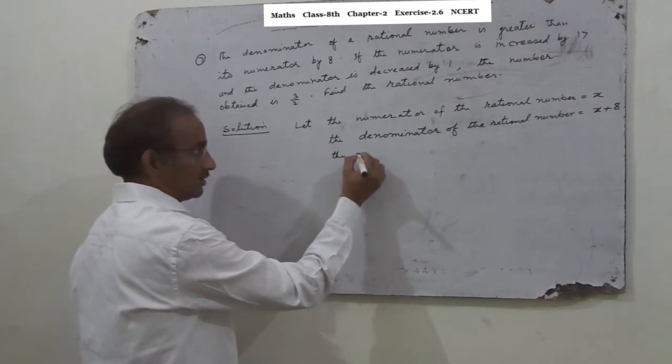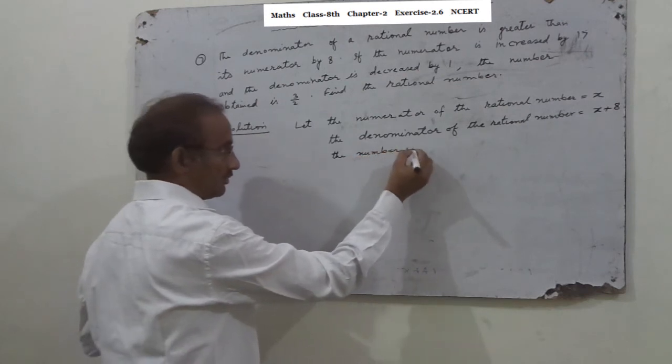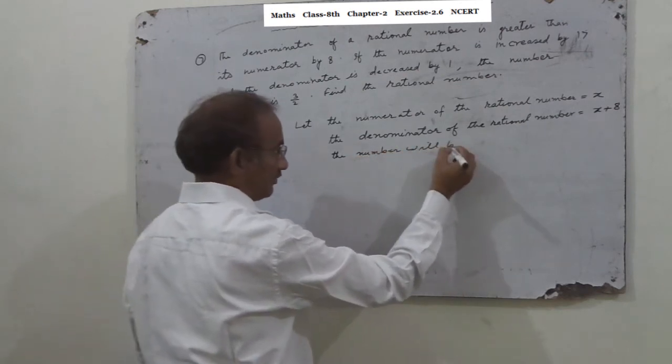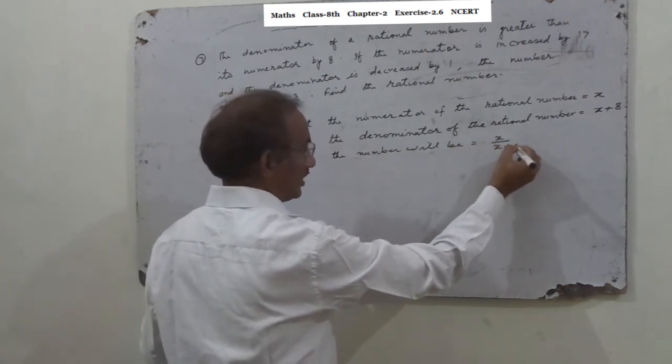Hence the number will be equal to x upon x plus 8.